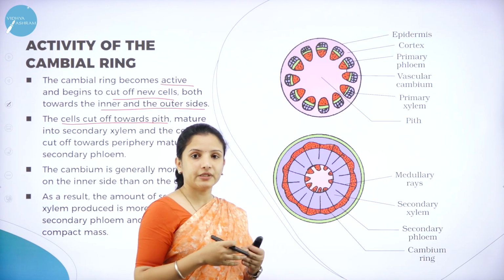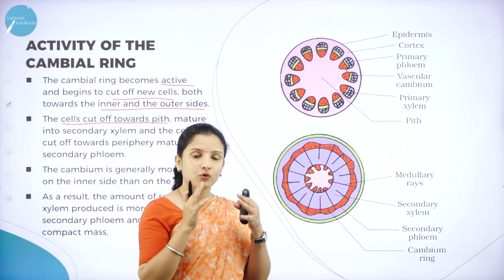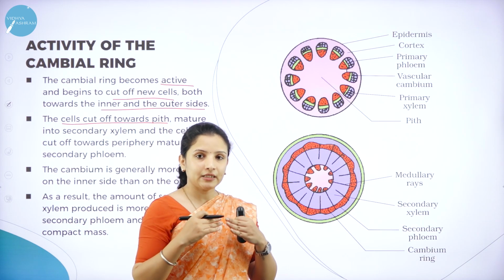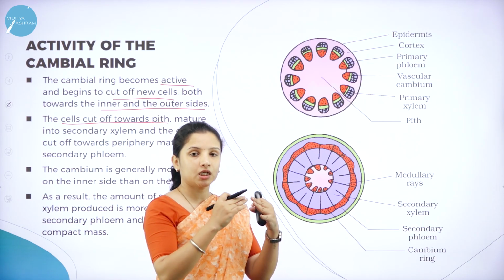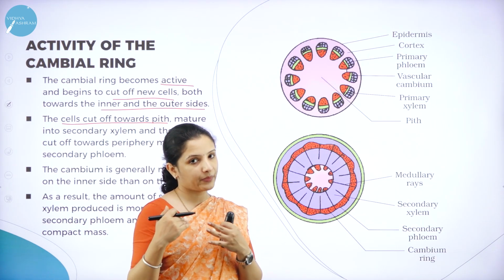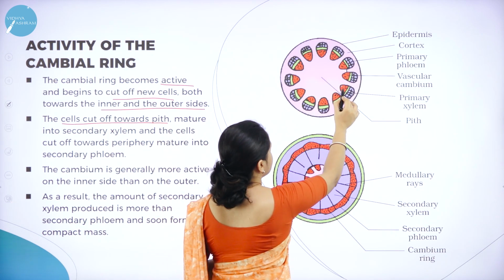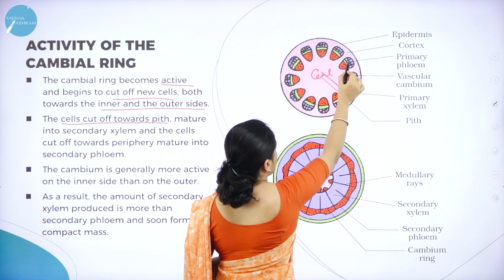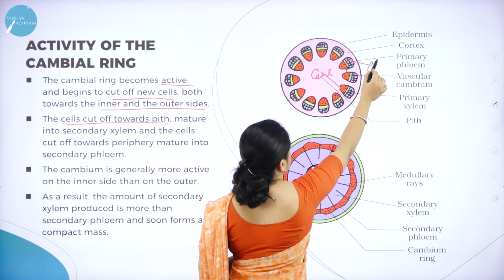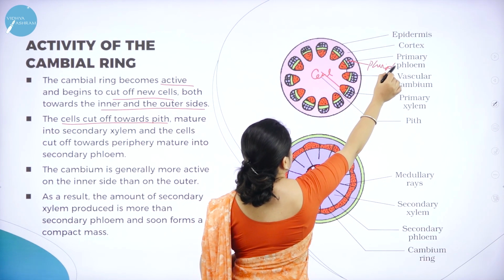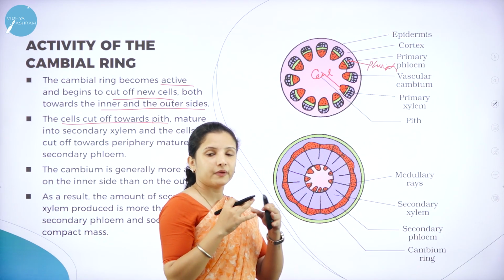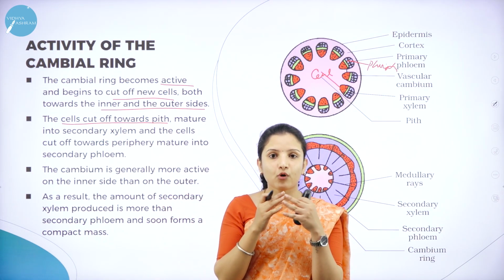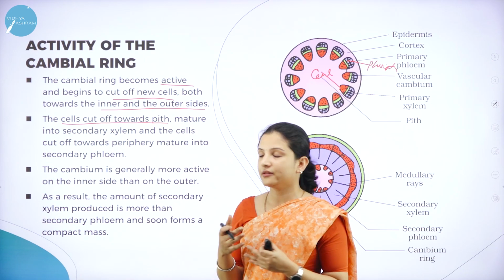So once the complete cambial ring forms, what happens? The xylem is towards the center and the phloem will be towards the periphery, right? All these here are the xylem. Therefore the xylem will be towards the center and the phloem will always be towards the periphery. There is a border formed between the xylem and the phloem.